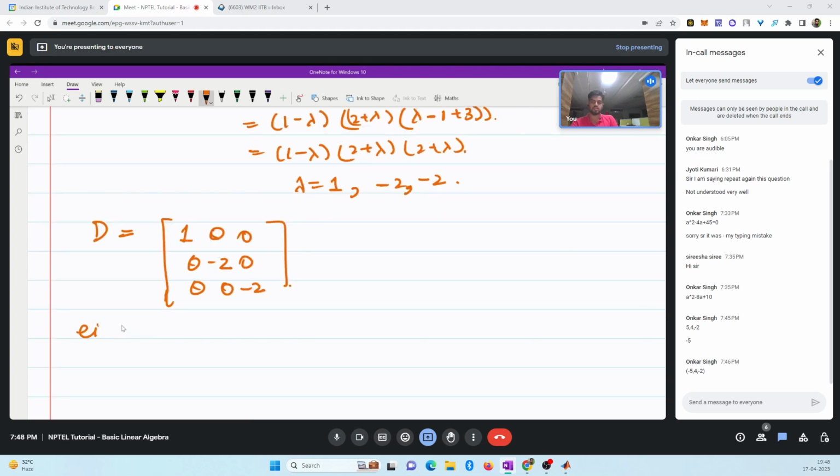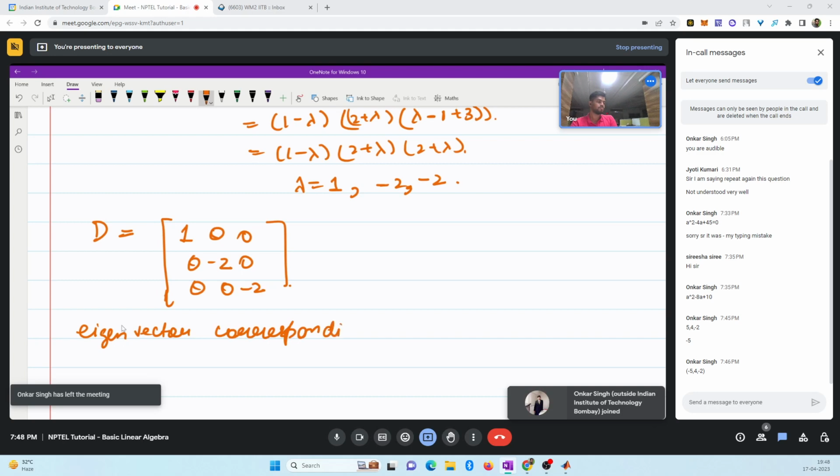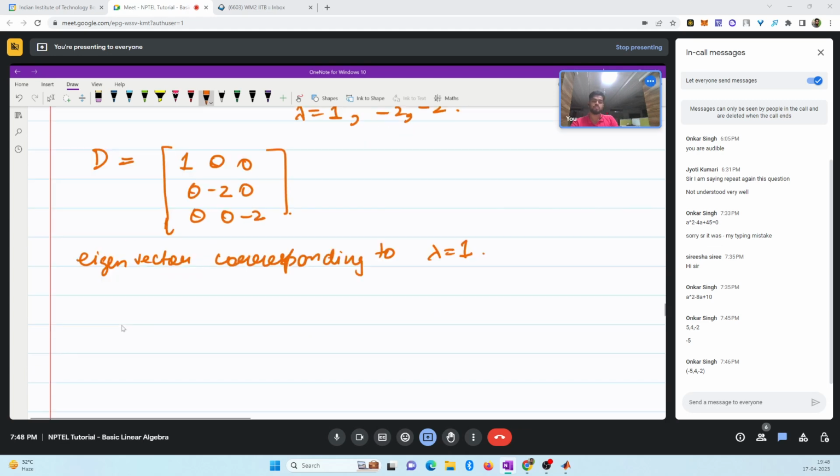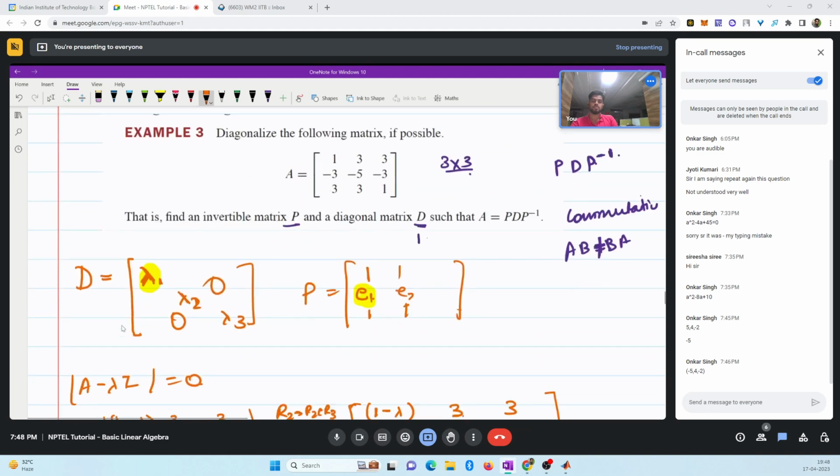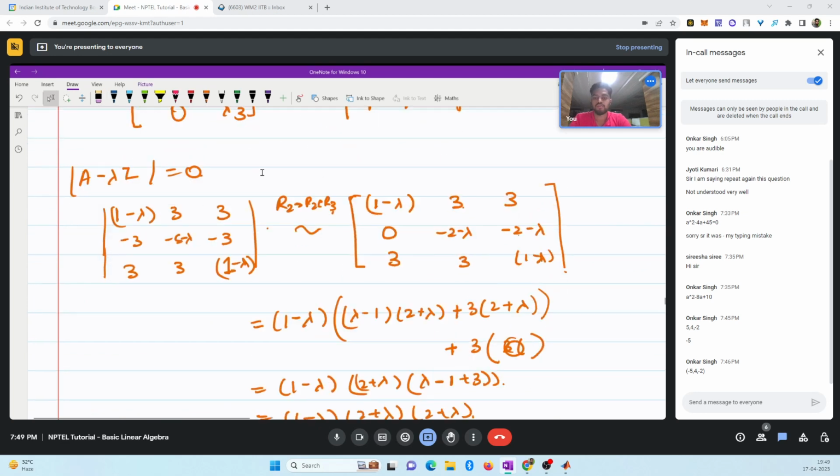So let's find the eigenvector for lambda equal to 1. What was the matrix? Let's copy this matrix.